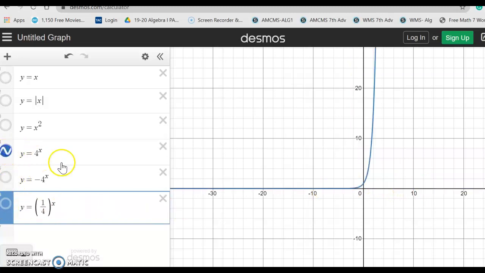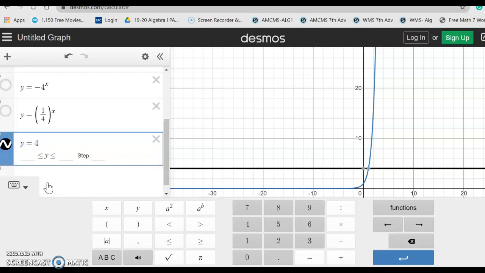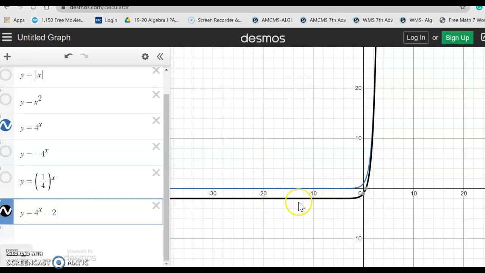Now I'm going to add another graph, and I'm going to do y equals 4 to the x, minus 2. What happens is that is a transformation down 2.